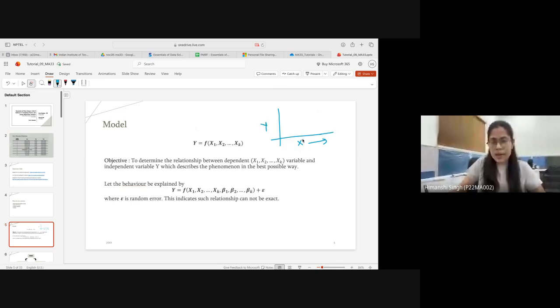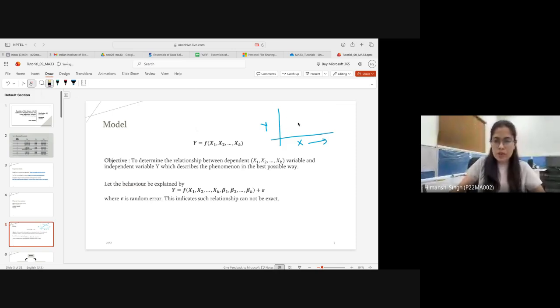When I'm increasing x, if I have this kind of line, what it is showing is that as I'm increasing x, y is also increasing. Okay, apart from this, if I have a line like this, then as I'm increasing x, y is decreasing. Here I'm considering only lines.